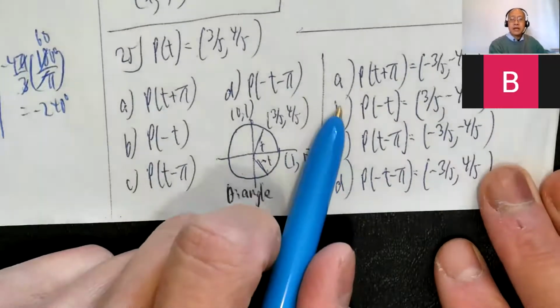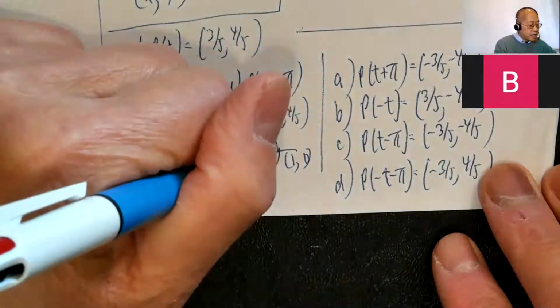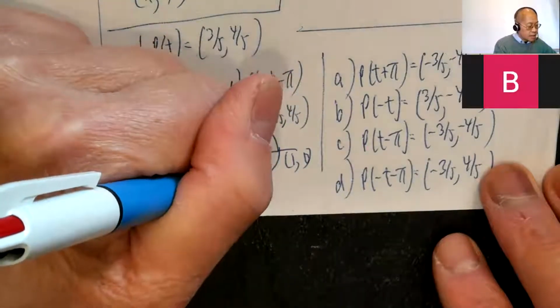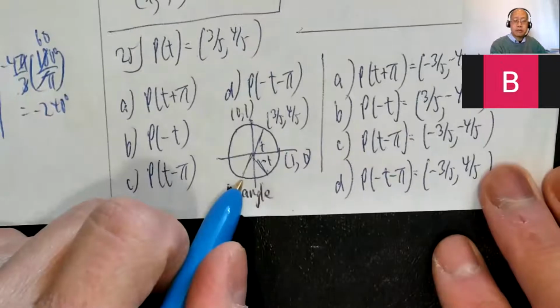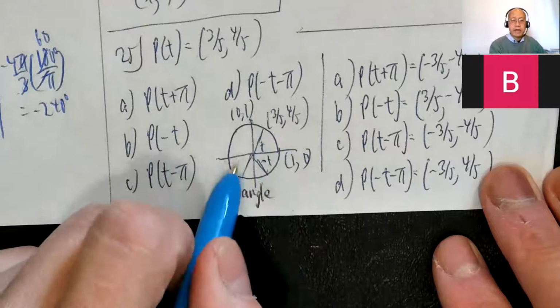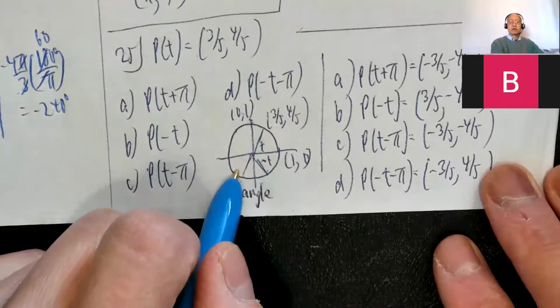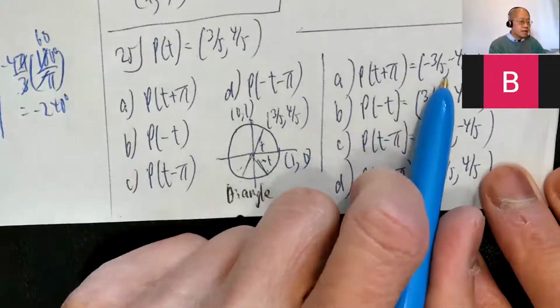Okay, part A, P of T plus pi. T plus pi, pi is 180 degrees. That lands you over here, in the third quadrant. Well, if I'm in the third quadrant, both X and Y are negative, you might recall. So P of T plus pi is negative 3/5, negative 4/5.